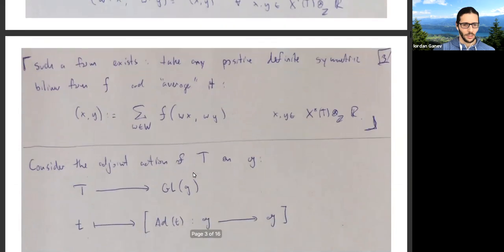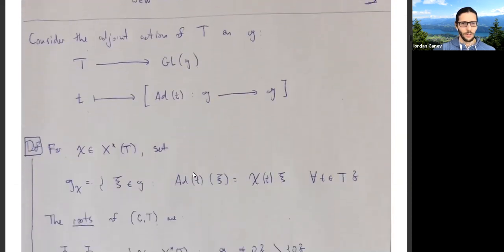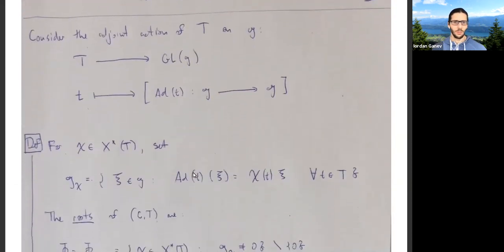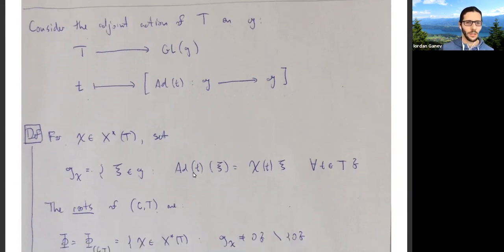So there was this technical point. The way we connect things to root systems is we can consider the adjoint action of the torus on the Lie algebra. Since the torus is a diagonalizable group, we can split up the adjoint representation into the isotypic components for the various characters of the torus.